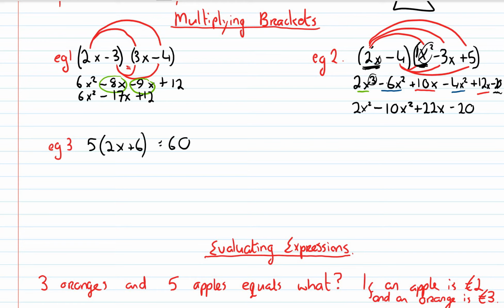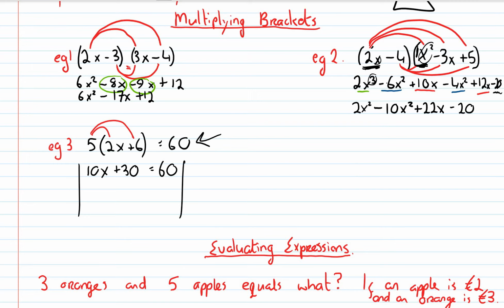Okay. Lastly, we're going to solve this one here. Again, number outside a bracket, so it'll be multiplying it. 5 by 2x, 10x. 5 by 6, 30, equals 60.